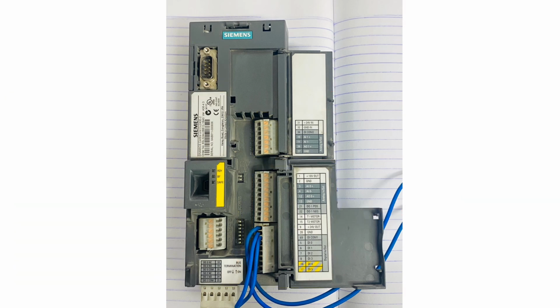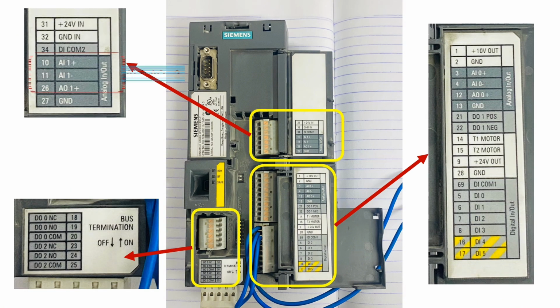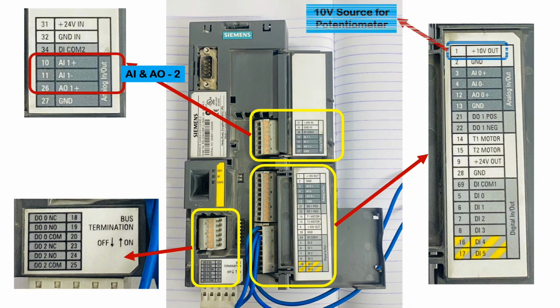Now I will discuss more about the terminals. In the left top, terminals 10, 11 are for analog input, and terminals 26, 27 are for the analog outputs. In the right top, terminal 1 is the 10 volt source of the analog input that can be used for potentiometers.